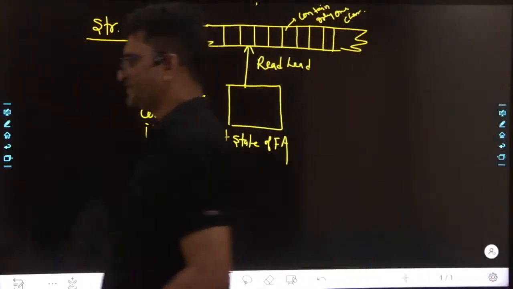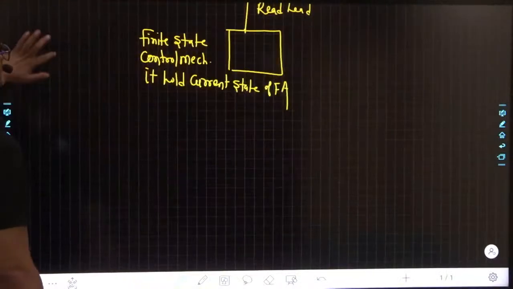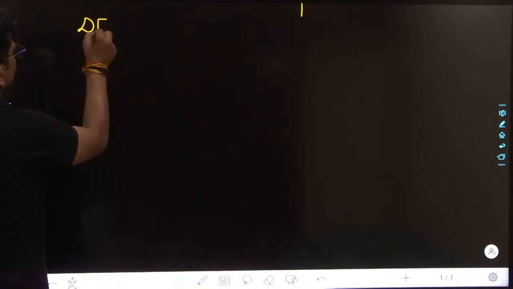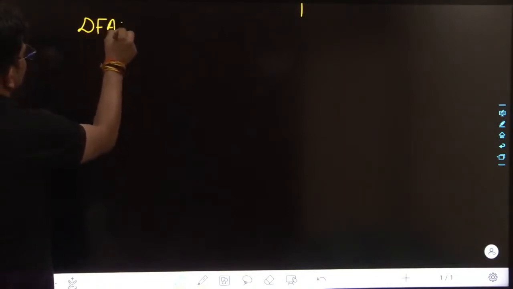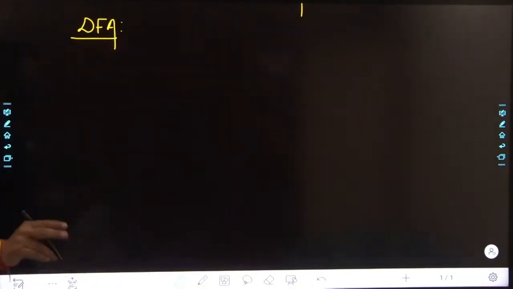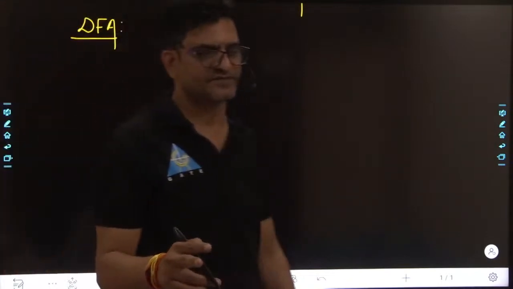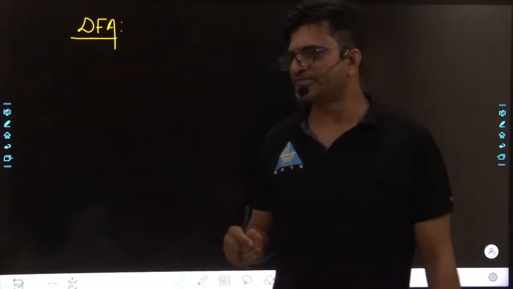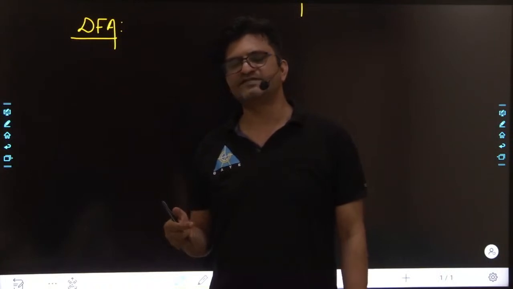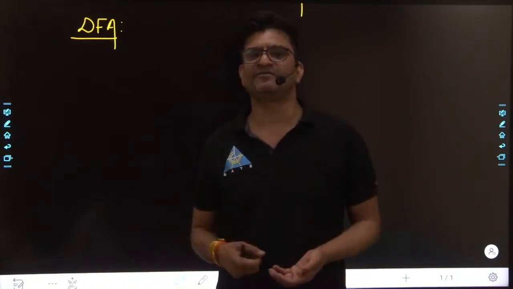So first we will see deterministic finite automata, DFA. We have two terms, deterministic and non-deterministic. What do you mean by deterministic? Deterministic means we have exact information.